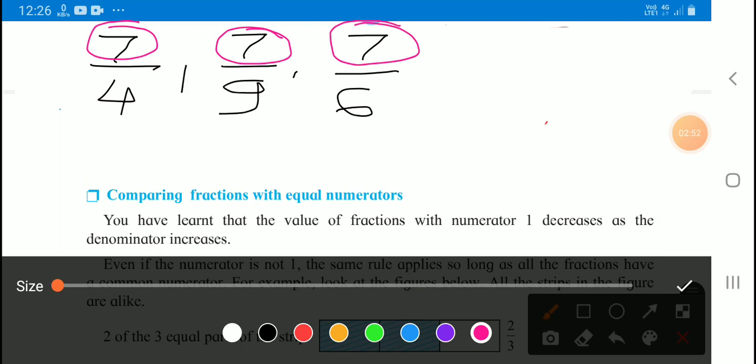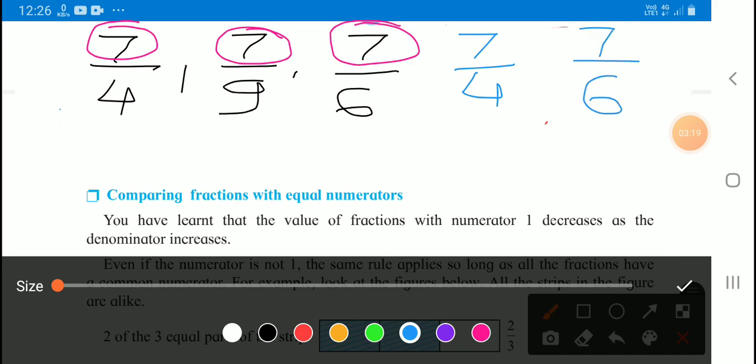While comparing these numbers, look here, I have to see that of two fractions with equal numerators, the fraction with the greater denominator is the smaller fraction. So here I will compare first of all 7 upon 4 and 7 upon 6.